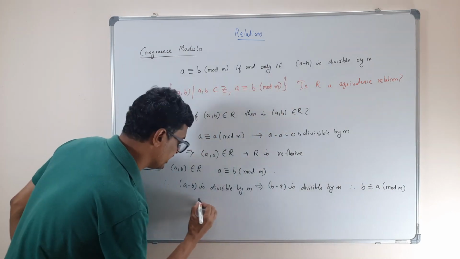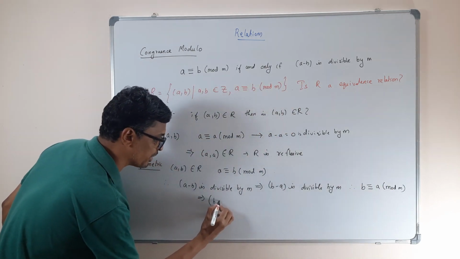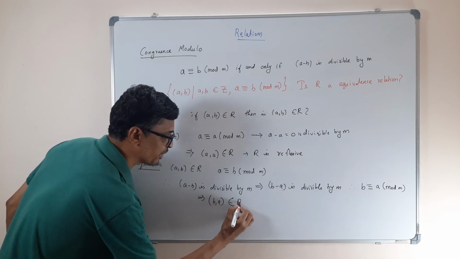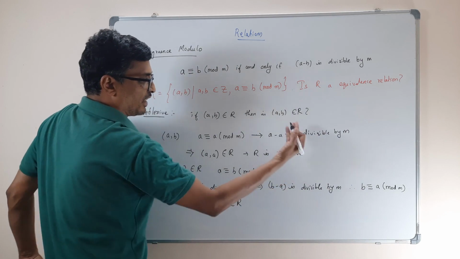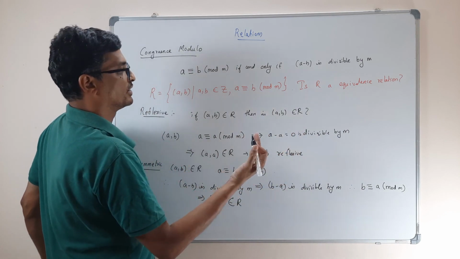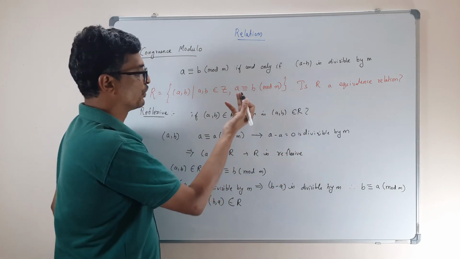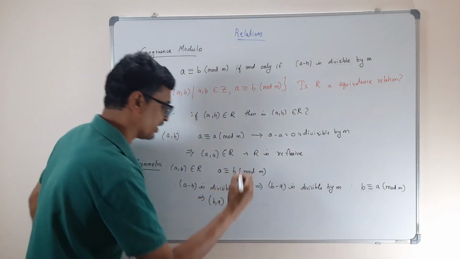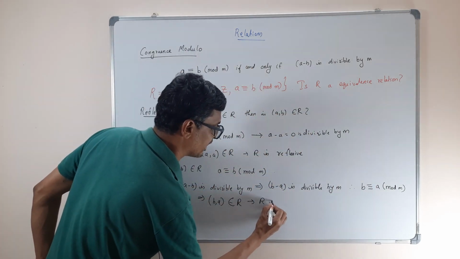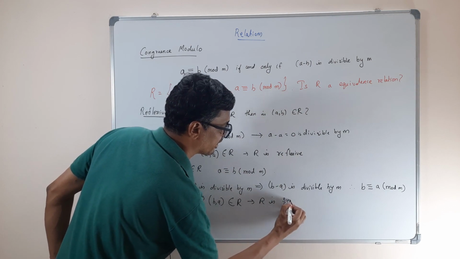And this implies (b, a) is also an element of R. Am I right? Thus, this says R is symmetric.